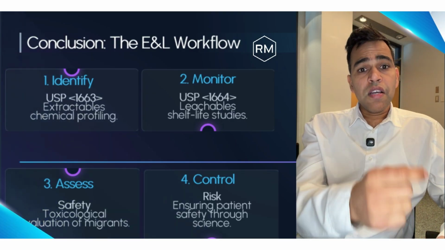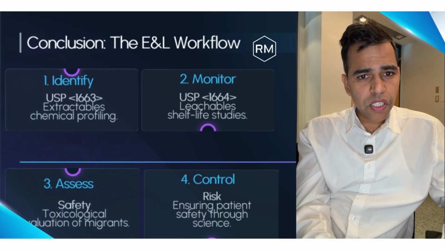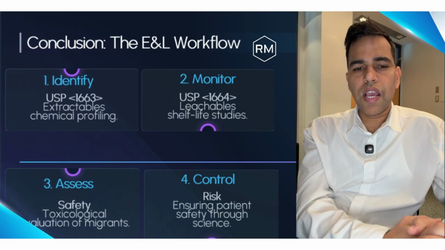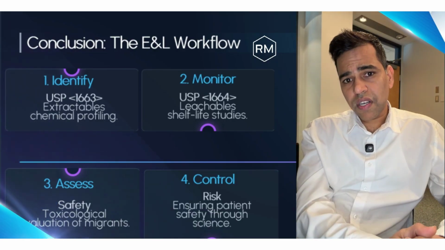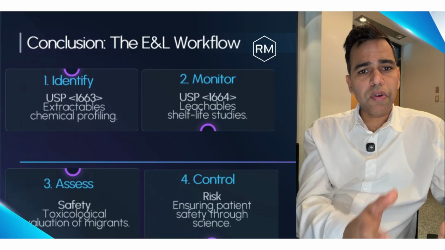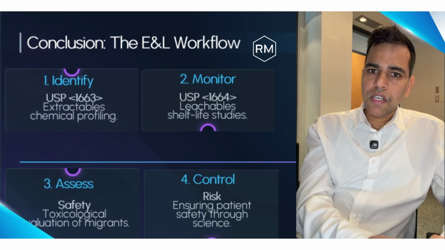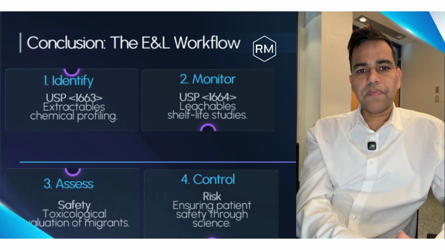Third, assess safety using toxicological evaluation. And finally, control the risk to ensure patient safety. At its core, E&L is not just about compliance, it's about delivering safe, reliable medicines every single time.